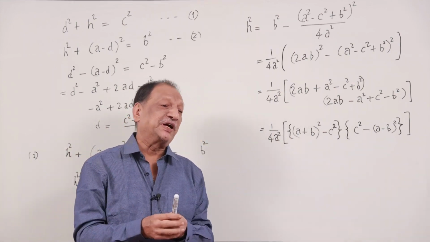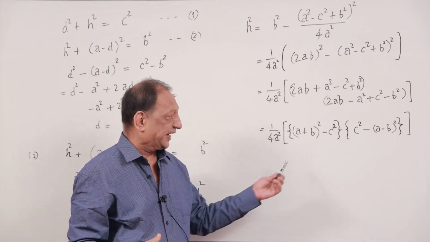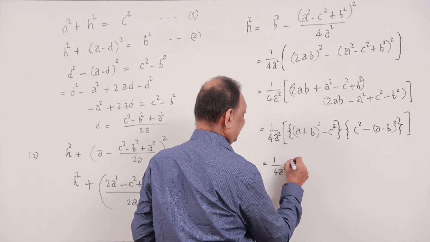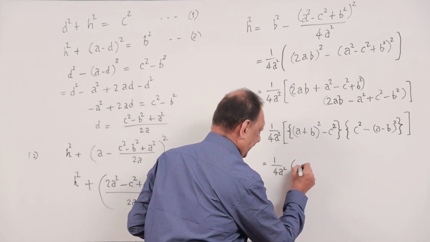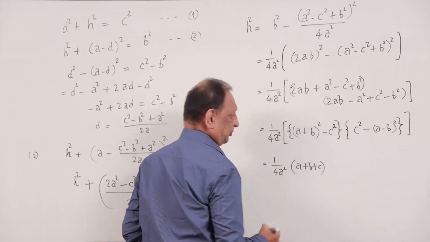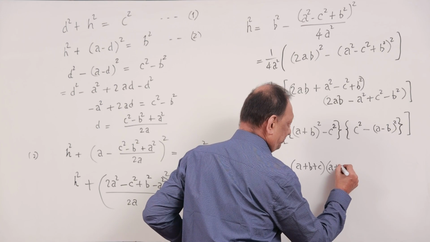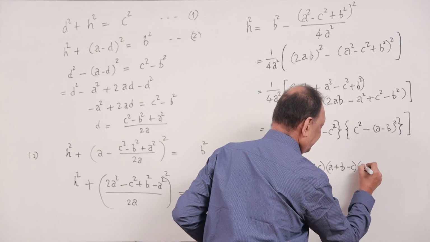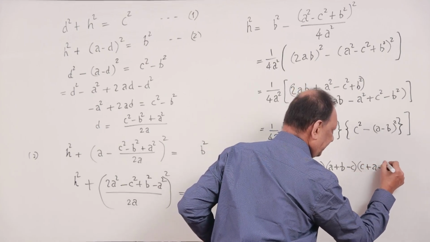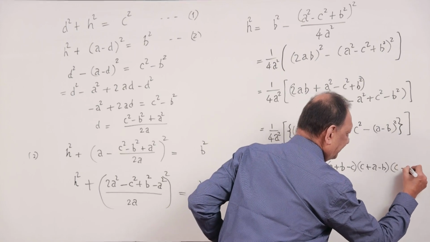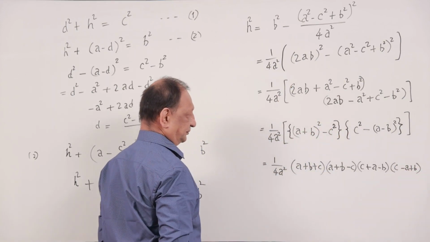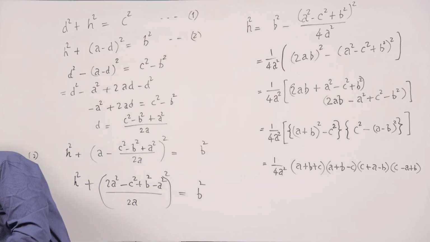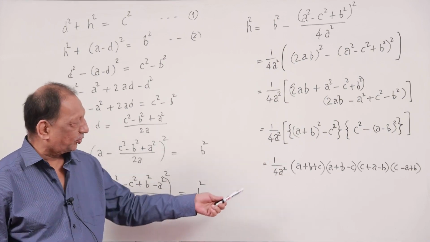So we'll combine that as two factors: 1 over 4a squared multiplied by a plus b plus c multiplied by a plus b minus c. That is this factor. The other one is c plus a minus b multiplied by c minus a plus b. Correct? It has worked out quite nicely.